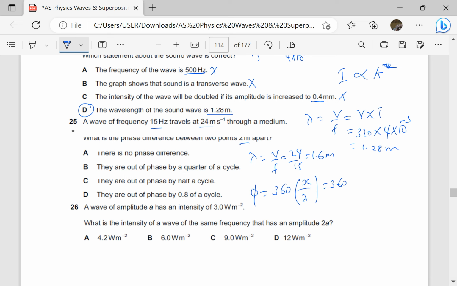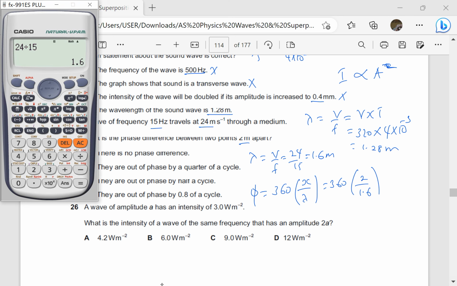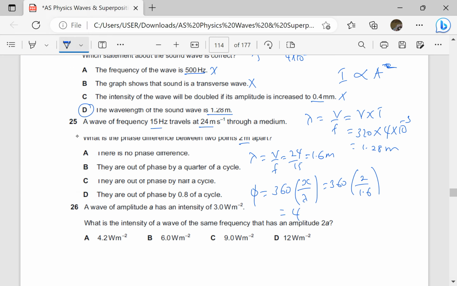So this will be 360 times 2 meters divided by 1.6. 2 divided by 1.6 is 1.25. 1.25 times 360 is 450. If 450 is not there, then I will subtract 360, because 360 means phase difference is 0, and the remainder is 90, which is a quarter of a cycle.